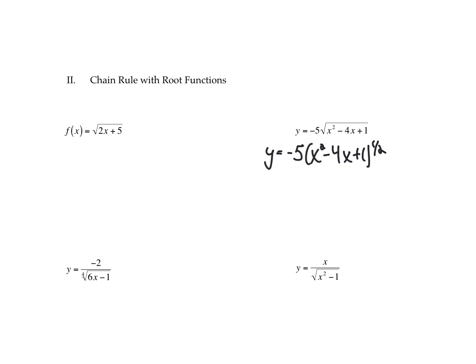Now I'm going to use the chain rule on this. So dy/dx equals negative 5 over 2 times x squared minus 4x plus 1 to the negative 1/2, times the derivative of the inside, which is 2x minus 4.